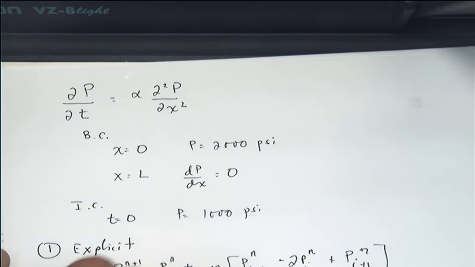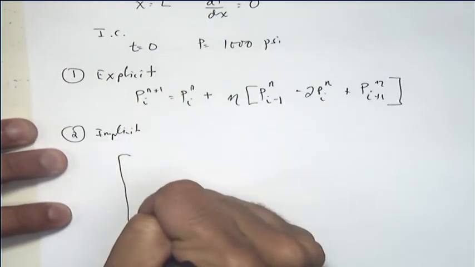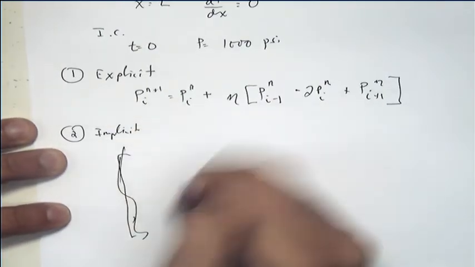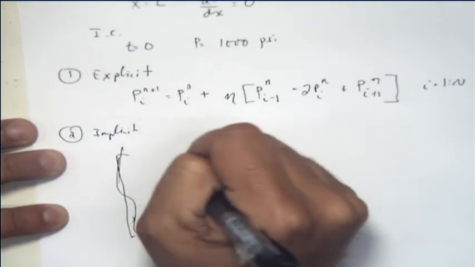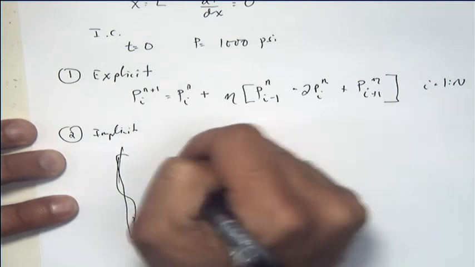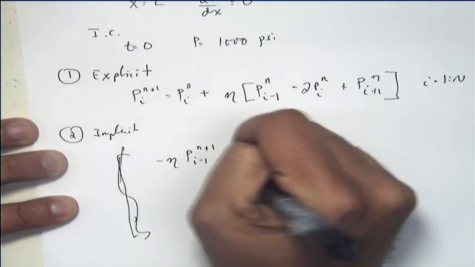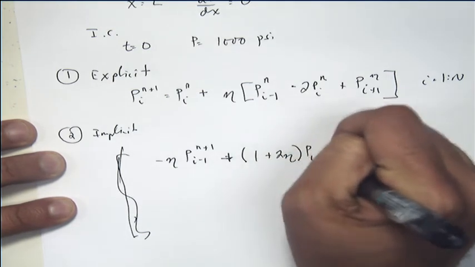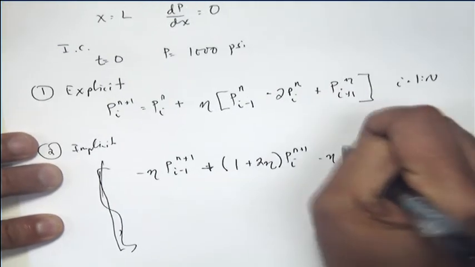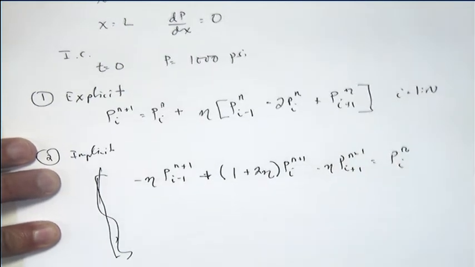And then there's the implicit method, where we actually solve a system of equations. In the implicit method, what we do is we've got a matrix. So you do this for i is equal to 1 to n, and you can do the same thing over here, where we say that minus eta p_(i-1)^(n+1) plus (1 plus 2 eta) p_i^(n+1) minus eta p_(i+1)^(n+1) is equal to p_i^n, right?